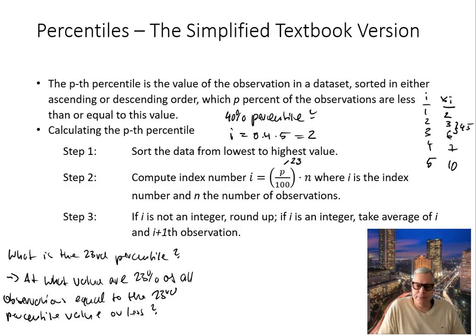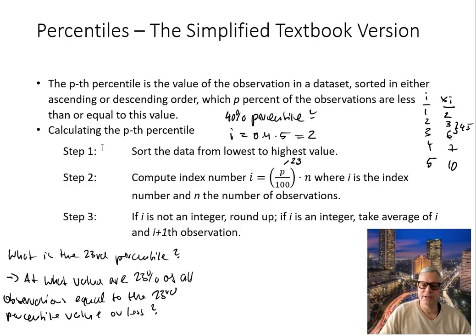And when you calculate the index number, it makes a difference whether the index number is an integer. When you get an integer, for example, 3, so the index number would be 3, then you will take the midpoint between the third and the fourth observation.